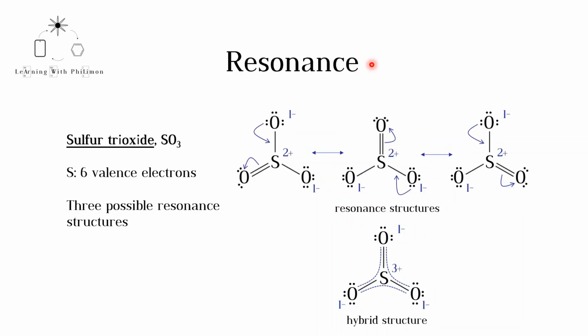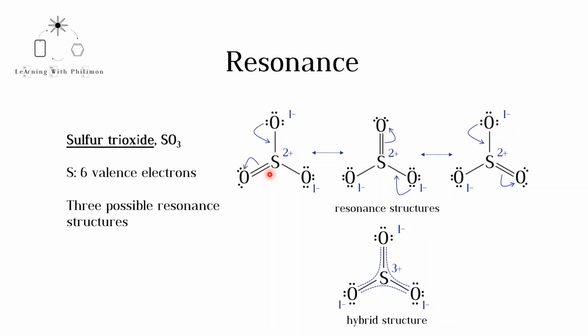Sulfur trioxide, SO3, also displays resonance. Sulfur has 6 valence electrons. In sulfur trioxide, sulfur can be thought of as having a 2+ charge, so in fact it has 4 valence electrons. It uses these to form a double bond with one oxygen and 2 single bonds with 2 oxygen atoms. Note that the 2 oxygen atoms have a 1- charge, as they have 7 valence electrons.